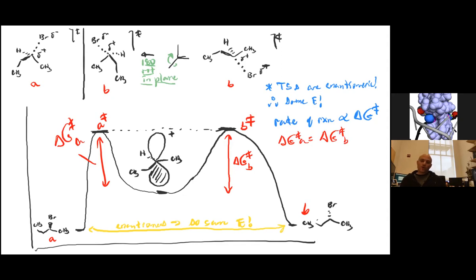And so therefore the rate of formation of A equals B. They're identical. They form at identical rates. And so you get a one-to-one mixture.